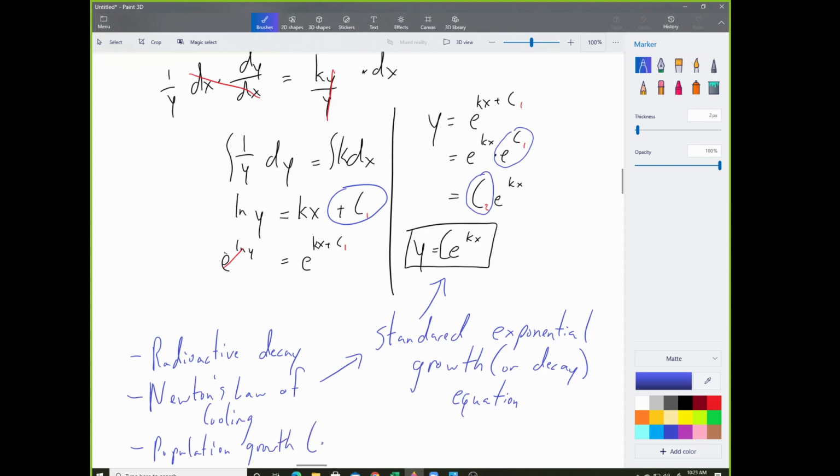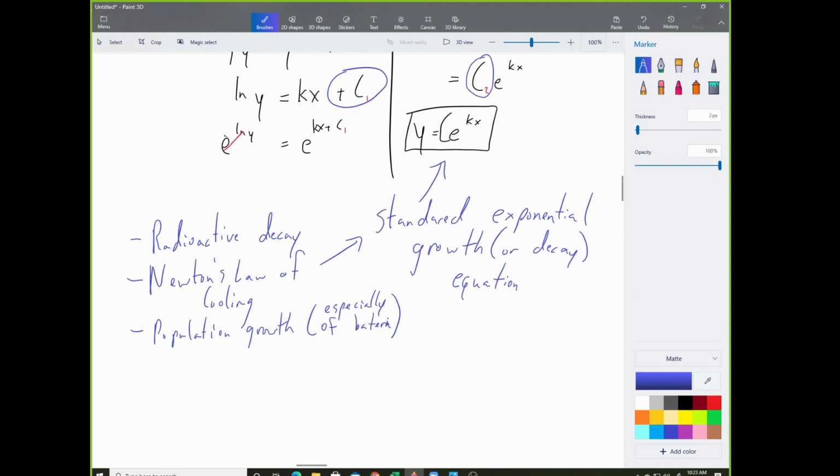Although typically, when you see it, it's going to be especially of bacteria population, not necessarily people. And then, yep, that's going to be your A equals P e to the rt, which is your compound interest.